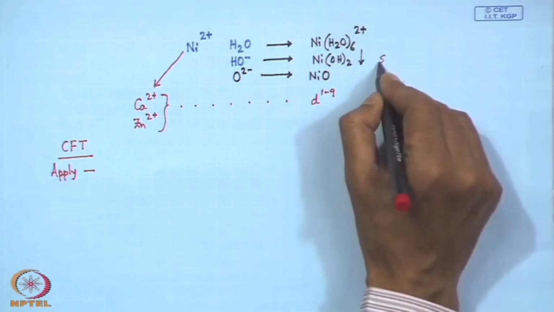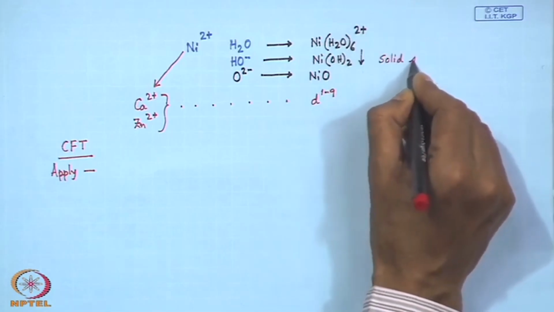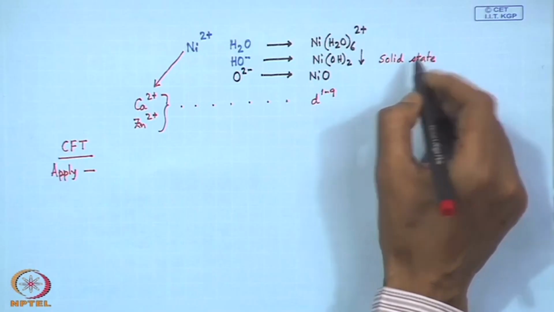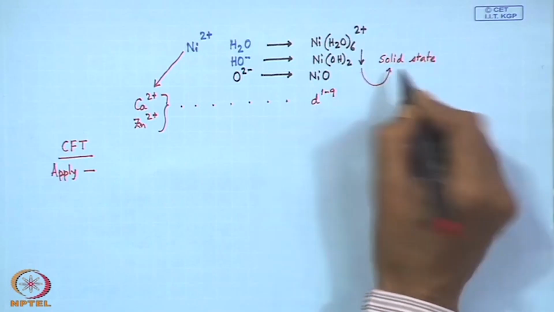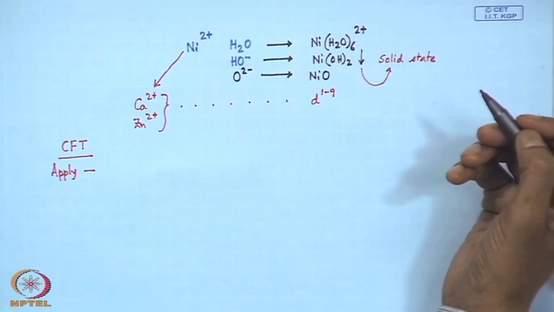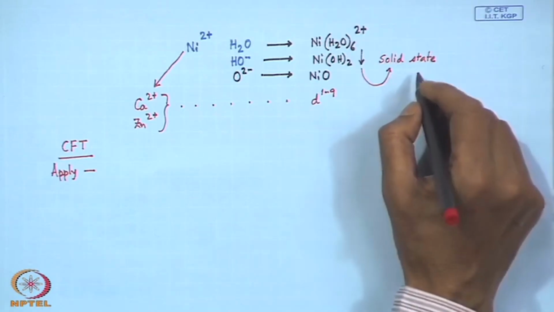That means in the solid state, because since these are precipitating out, we can separate it out in the solid state and it has some corresponding structure.